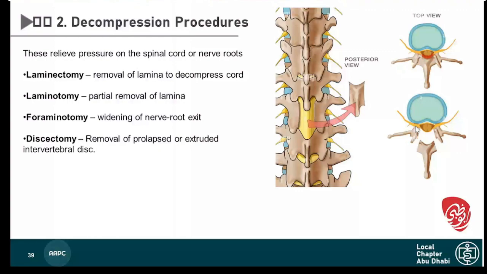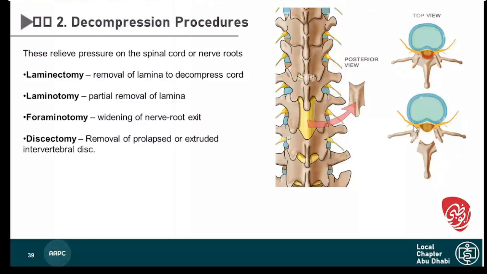Okay, sometimes enlargement of the disc will cause a prolapsed disc or herniated disc. It will cause the spinal nerve root to compress. So for that, what will the physician perform? Either foraminotomy, laminectomy, laminotomy, or discectomy. Discectomy means removal of the prolapsed or extruded disc from the intervertebral disc.